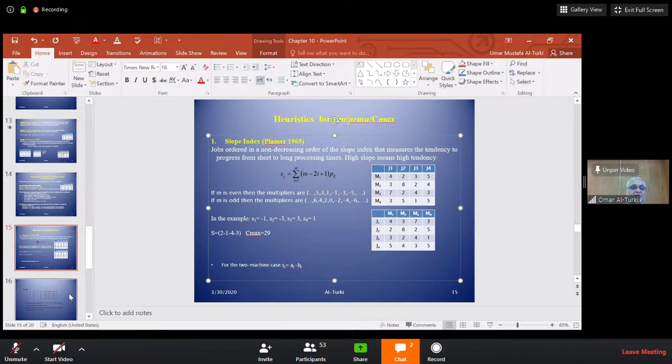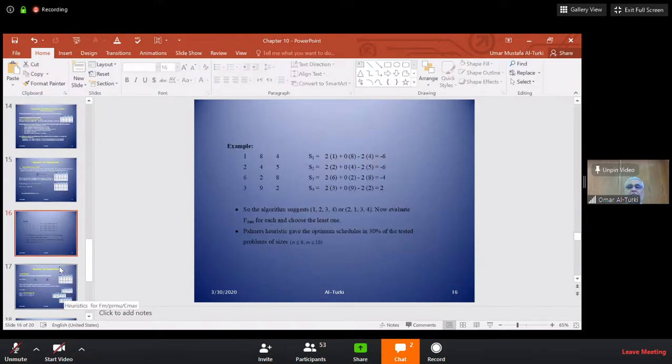Let me see if I have another example. Okay, this is more clear. I have 3 machines and I have 4 jobs. Now this is an odd number of machines.